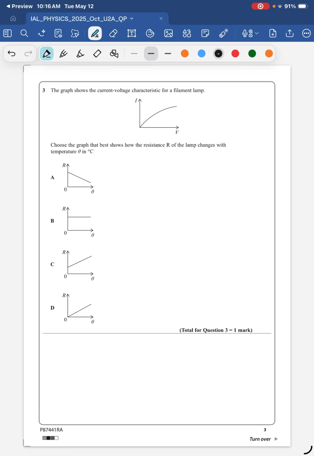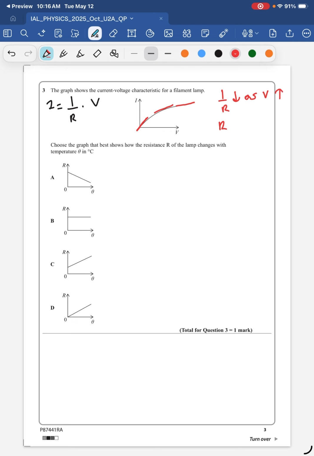So this is interesting because I is 1 over R times V. So the gradient of the IV curve is actually 1 over R. So if you notice, the gradient is the tangent to this line. So the gradient actually decreases, which means that 1 over R decreases as V increases, okay?